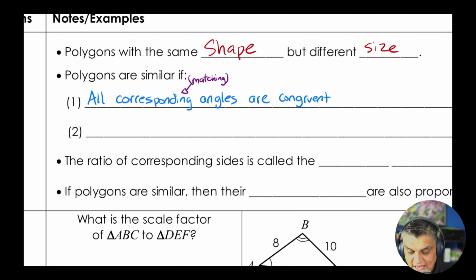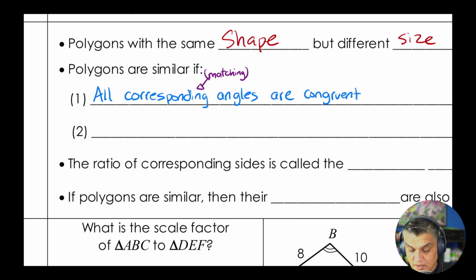Okay, so now the angles are congruent, but we know the sides aren't congruent, right? Because one's bigger, one's smaller. So what can we say about the sides? We can say all corresponding sides are not congruent because one's bigger, one's smaller, but they grow at the same rate, right?